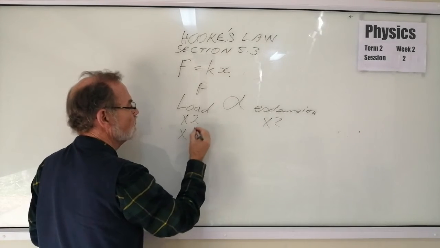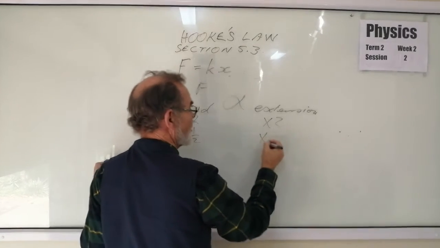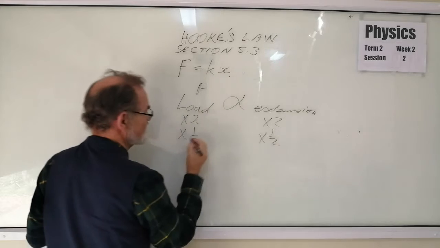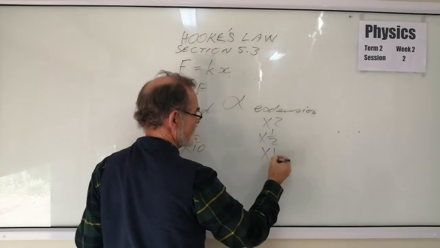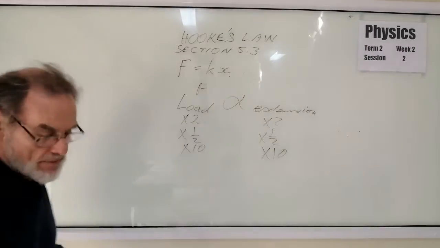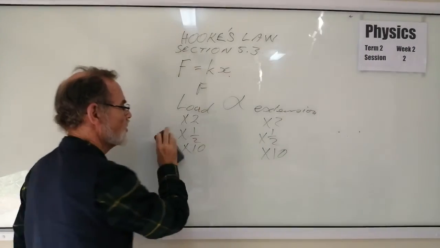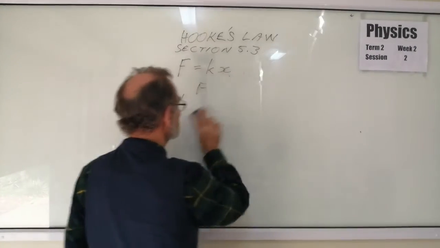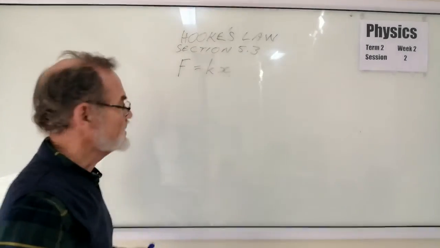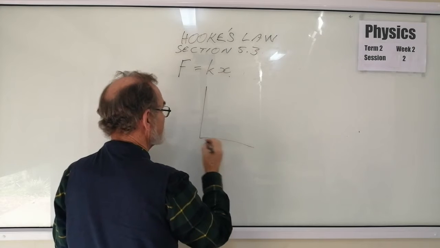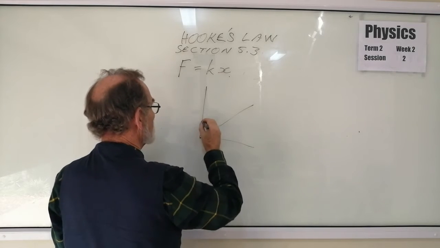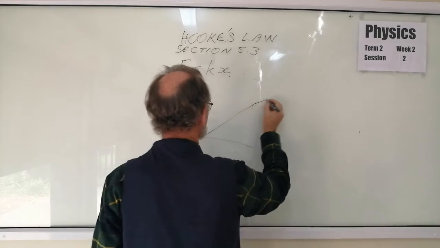If this halves, then this will halve. If this is 10 times, then this is 10 times. Which means that this graph is a straight line. All directly proportional graphs are a straight line. Like this, or like this.